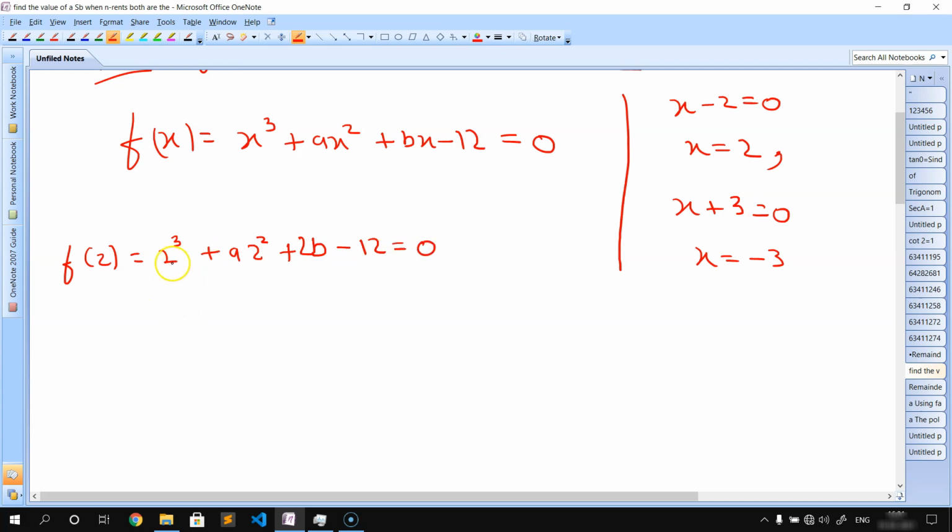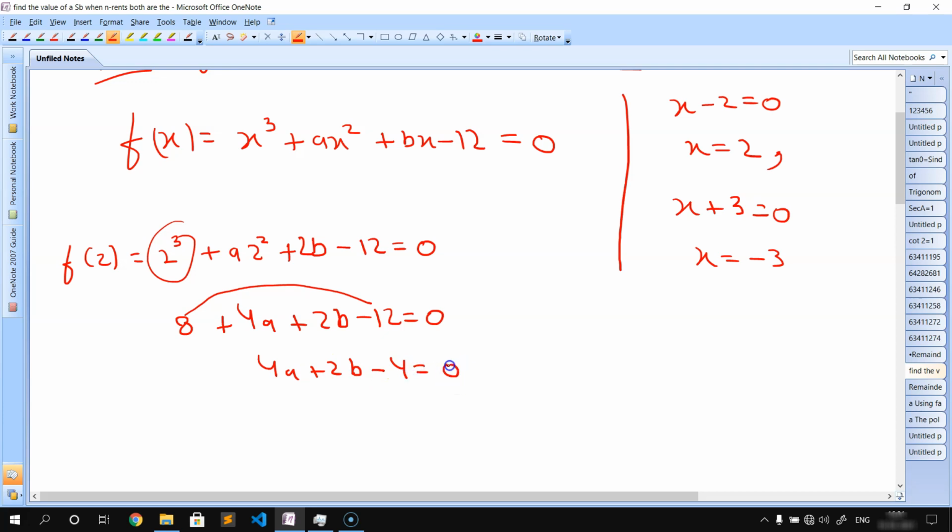We can write 2 cube as 8, plus 4a plus 2b minus 12 equals 0. 8 minus 12 is minus 4, so 4a plus 2b minus 4 equals 0.